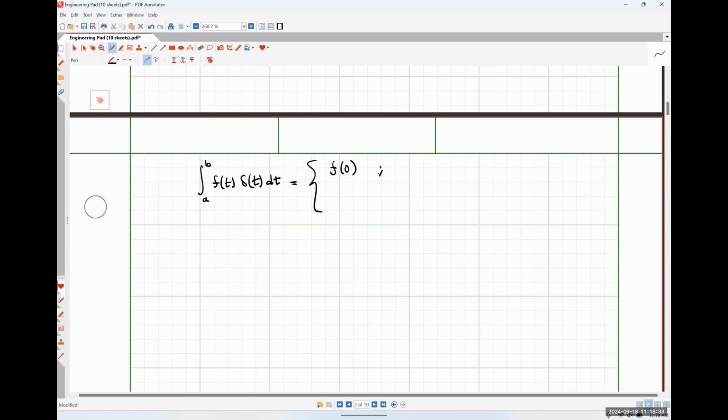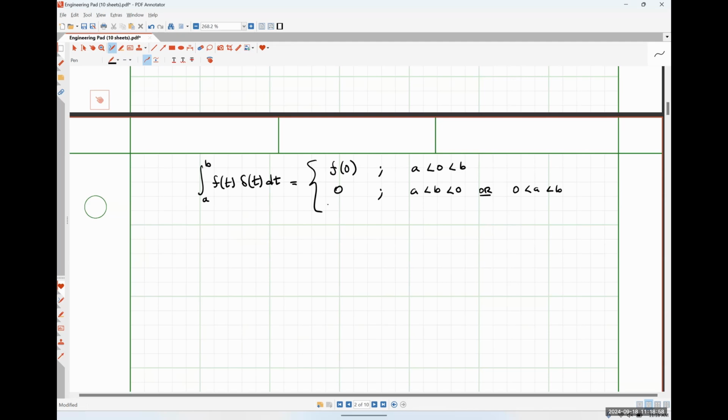This is true when a is less than 0 is less than b. We get 0 when a is less than b is less than 0, or 0 is less than a is less than b, so anywhere that isn't equal to 0 effectively.